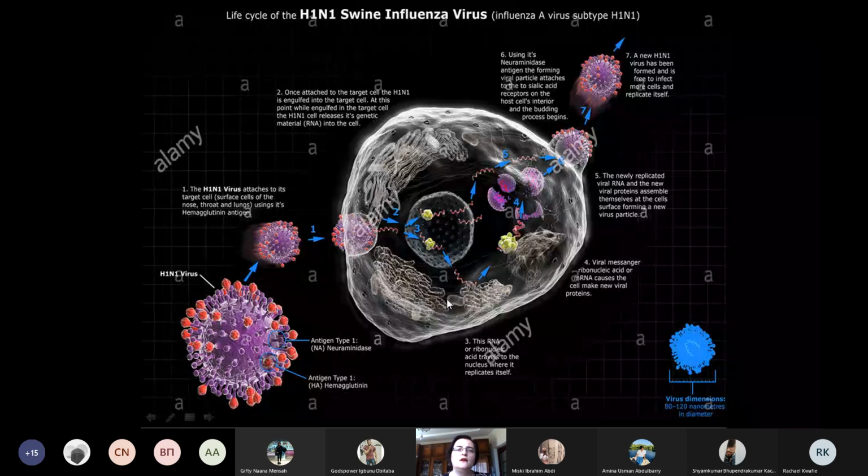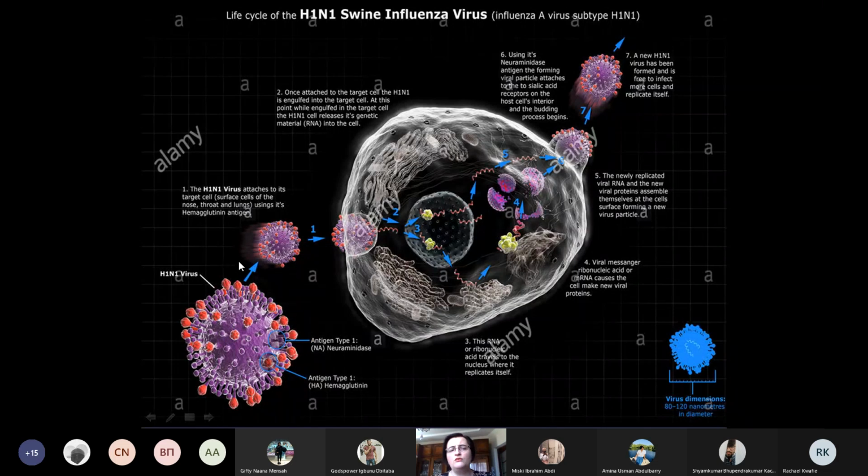Here we can see the life cycle. For example, H1N1 swine influenza, but it is the same for all influenza viruses.